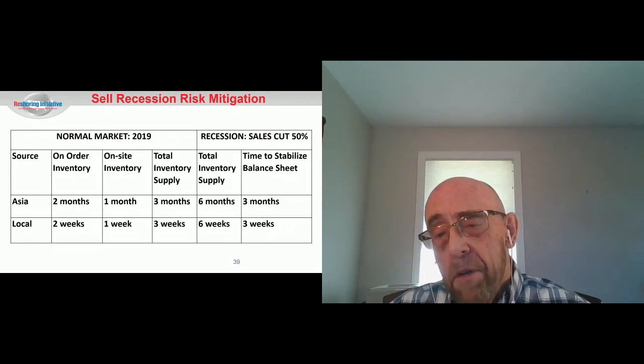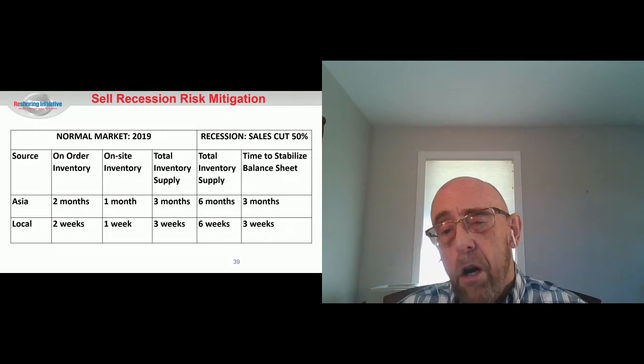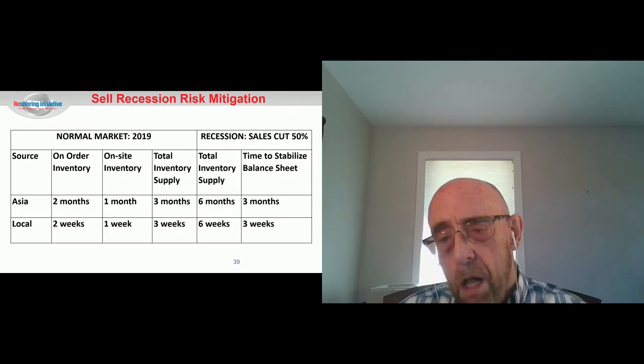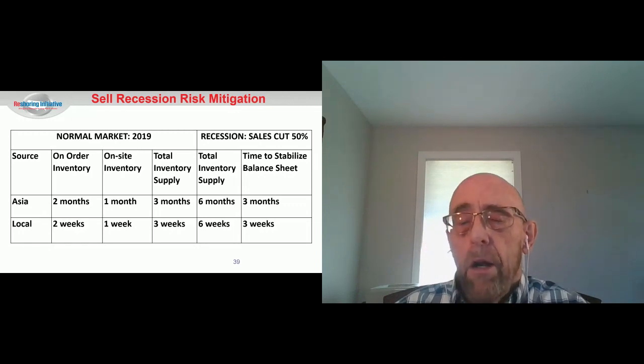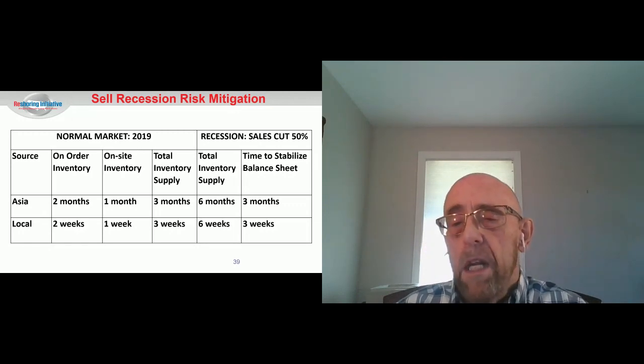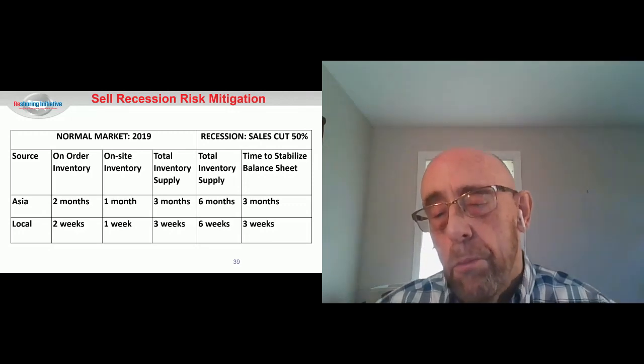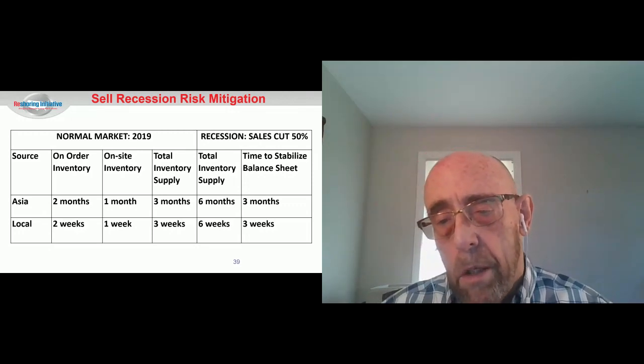So if they're having problems with cash, if their banks are leaning on them, much better to be sourcing from you. They're much more stable, much less subject to volatility, and on the way down, you protect them in effect by having a short supply chain, and on the way back up, when they need product to get going again and things are starting to boom again, you're there and you can deliver quickly. Next.